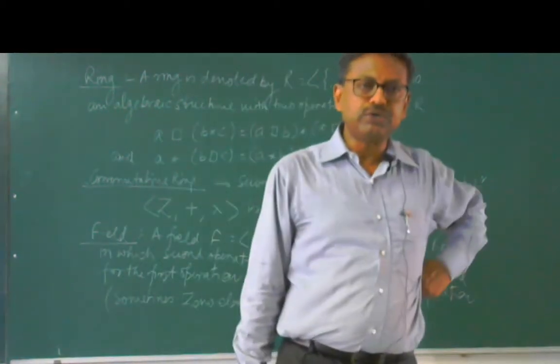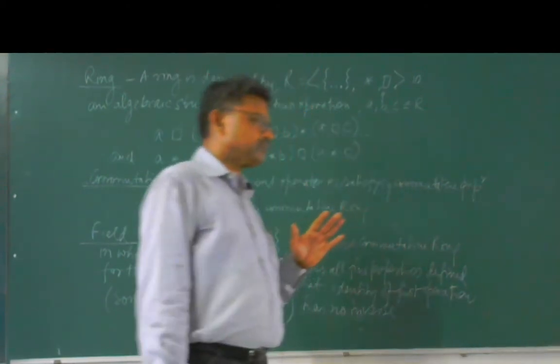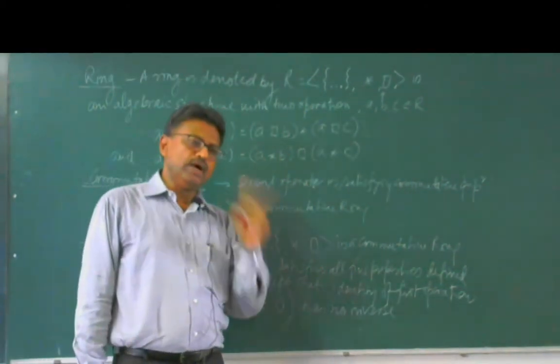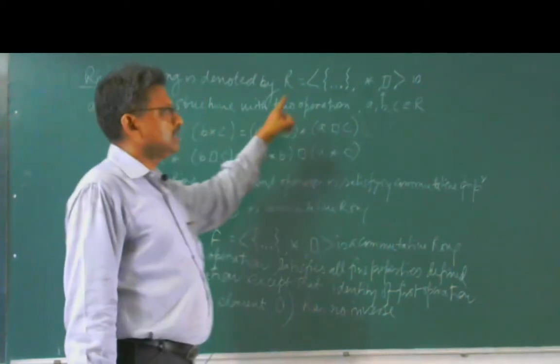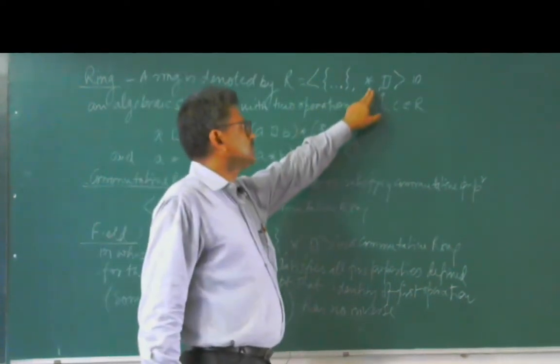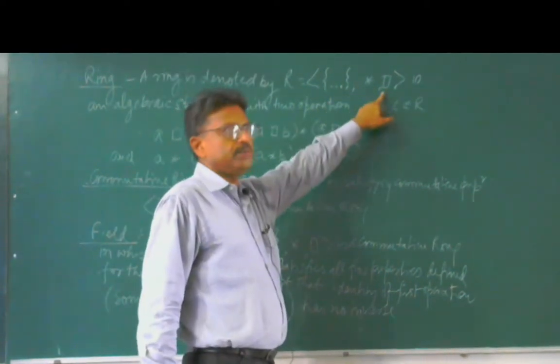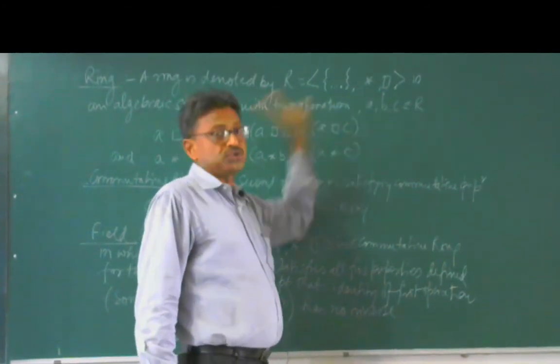So you can distinguish now what is a group, what is a ring, and what is a field. A group contains one set and one operator. A ring contains one set and two operators, with the condition that the first operator will satisfy all five properties, and the second operator will satisfy only the first two properties, along with being distributive.